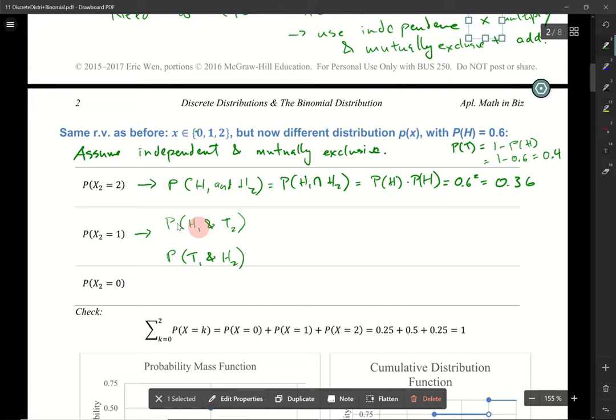In relationship to this one, the number of heads is 1, right? How can we get where the number of heads is 1? Well, we could have this case, and that would fall under the number of heads is 1. This one also would give us that the number of heads is 1 on 2 tosses or 2 runs of this underlying event of success or failure.